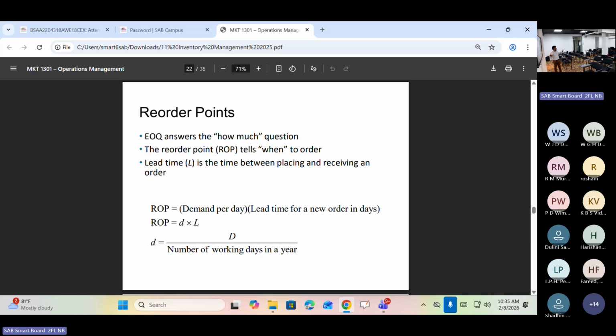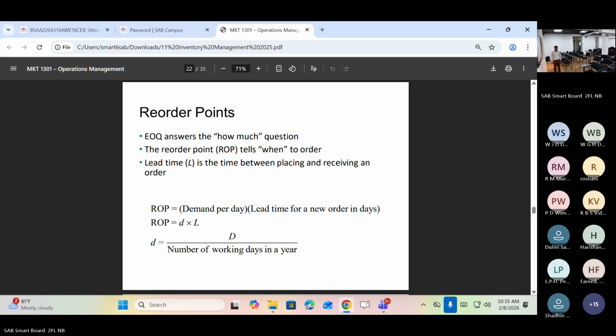So we have to consider lead time when designing the reorder. EOQ answers how much to order, the size of the order, whereas the reorder point specifies when to place the order. For that, we consider lead time.